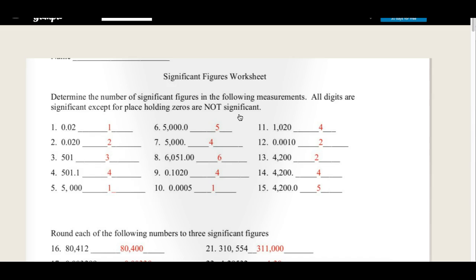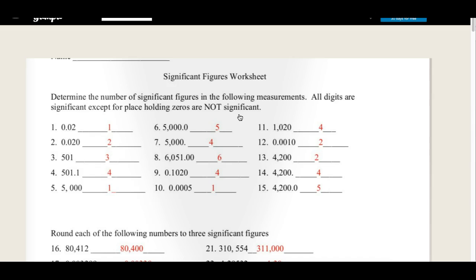So question 1, 1.02. Remember, any zeros before are not significant. That's also the case in question 2, where we have 2 zeros before, they're non-significant, but the 0 after the 2 is significant. That's why it's 2. Question 5, we have 5,000.